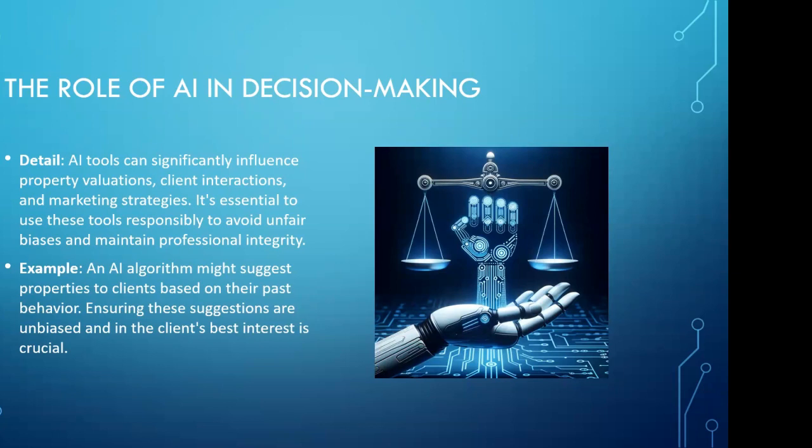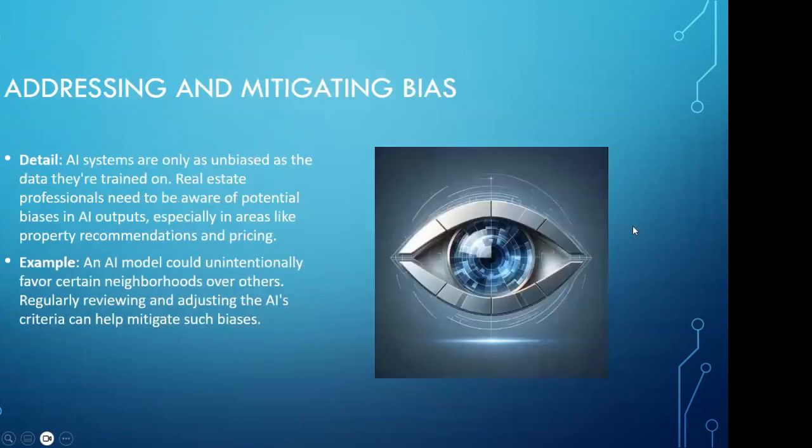You want to make sure that you're not just blindly taking AI suggestions and giving them to a client. You want to look at them and use your professional skills to enhance what you're telling your client. You don't want to give a client bad advice because you're just copying and pasting AI recommendations. So it's important to make sure that the information you're giving your clients is accurate and unbiased.